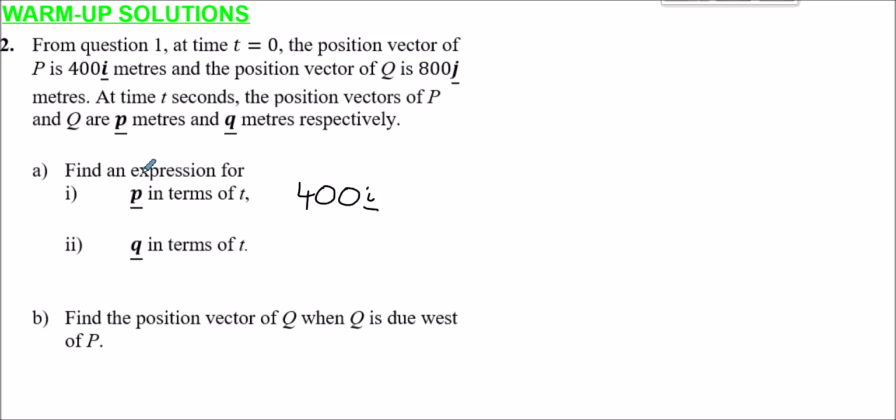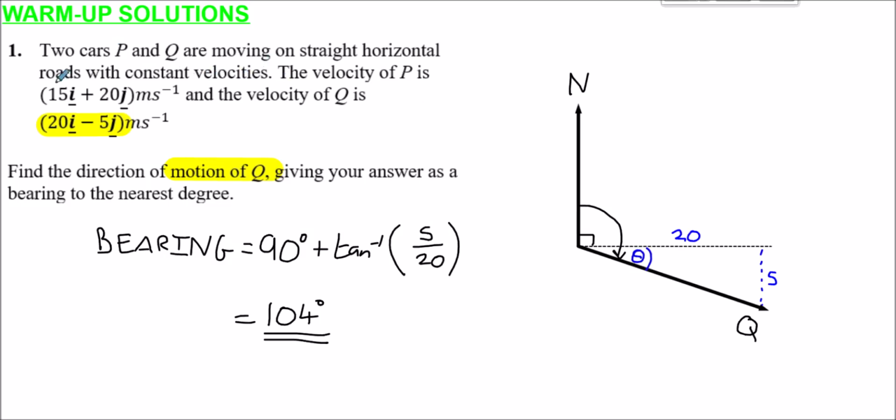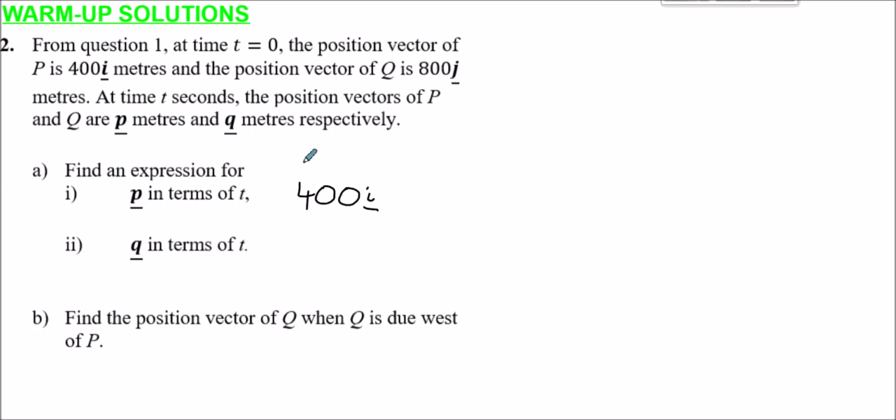In terms of what we have for P, if we toggle back to question 1, P is moving along 15i units plus 20j. So every 1 second that goes on, it's going to go 15 along and 20 up. In terms of t, after t seconds, it'd be a multiple of t in that direction.